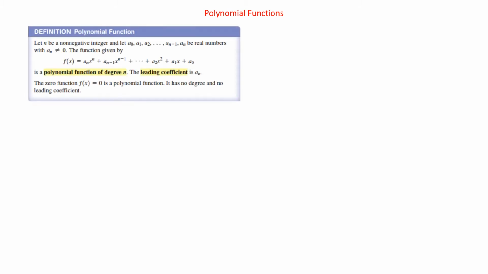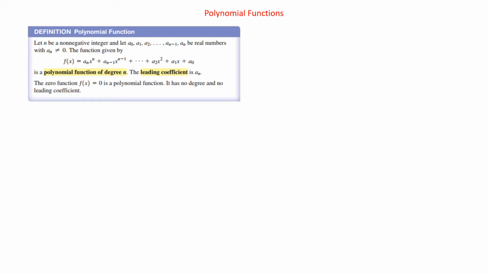So, polynomial functions. Now, polynomial functions, the definition looks like this. We have f of x equals some number times x to a power plus some number times x to a power plus some number times x to a power plus some number times x to a power. All the exponents are positive integers.